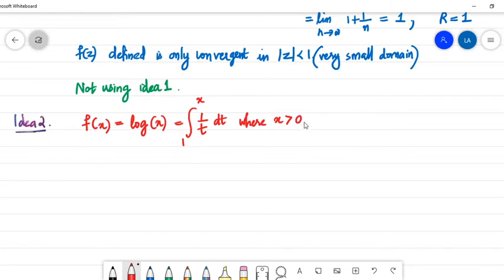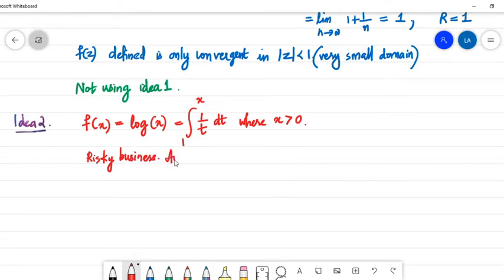This is another possibility. We can use the same definition as we used in the real logarithmic function and treat it in complex. But this is a kind of risky business because we are dealing with integrals and so on.